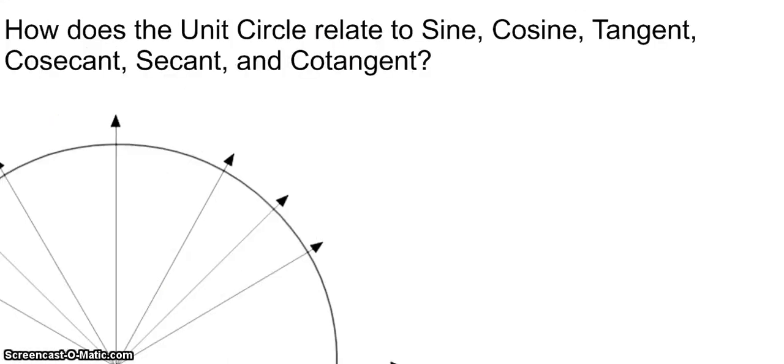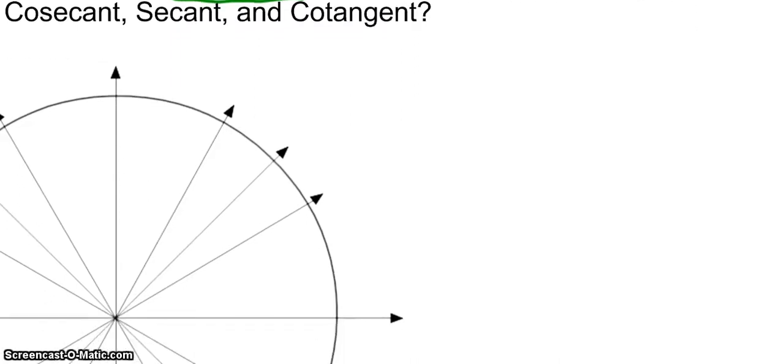Okay, so then how does the unit circle relate to sine, cosine, tangent, cosecant, secant, and cotangent? And now pay attention to the fact that we're specifically talking about the unit circle. So the radius is 1. This is going to change slightly if we were dealing with any circle, which we can, but it doesn't change a lot. So let's talk about sine real quick. I know sine of theta is opposite over hypotenuse.